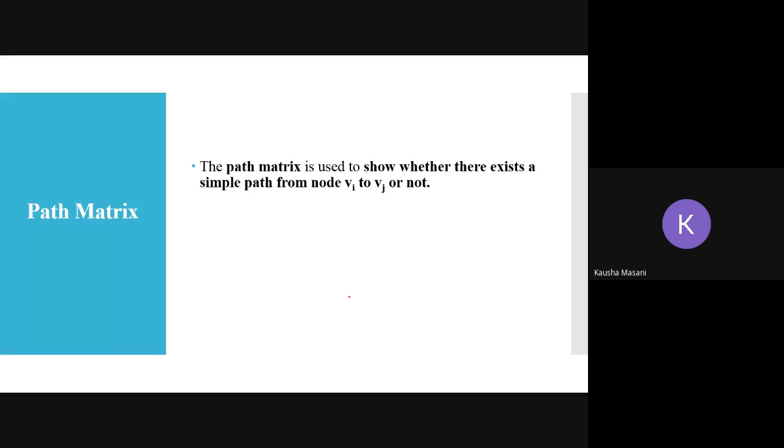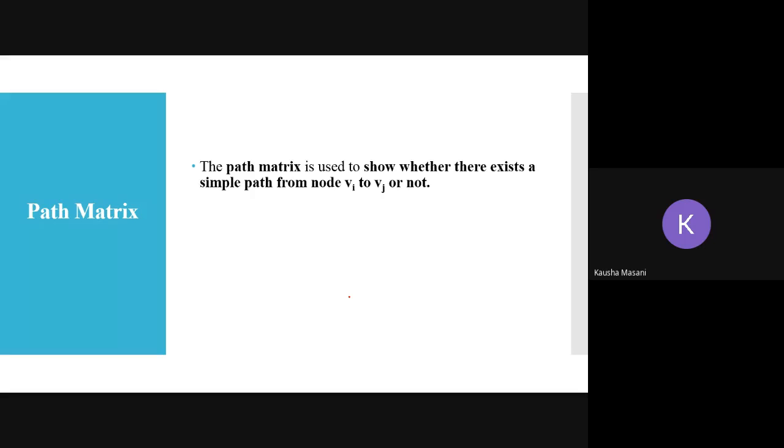If there is a simple path, meaning the shortest path, then the path matrix corresponding to that vertex, suppose A to B, there is a simple path. Then in the path matrix, the value of A cross B will be 1. Similarly A cross C will be 1, B cross A will be 1.